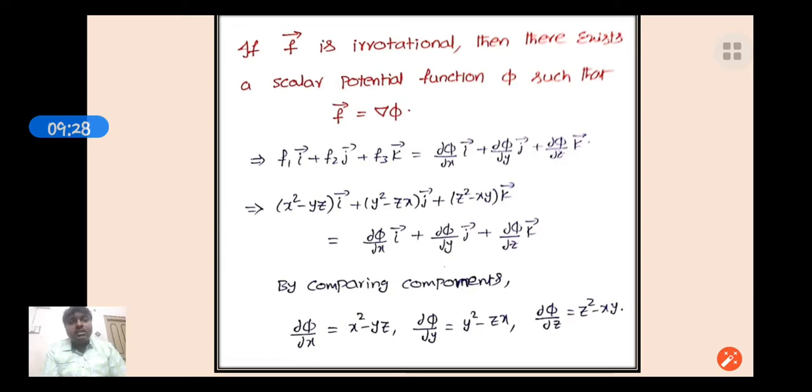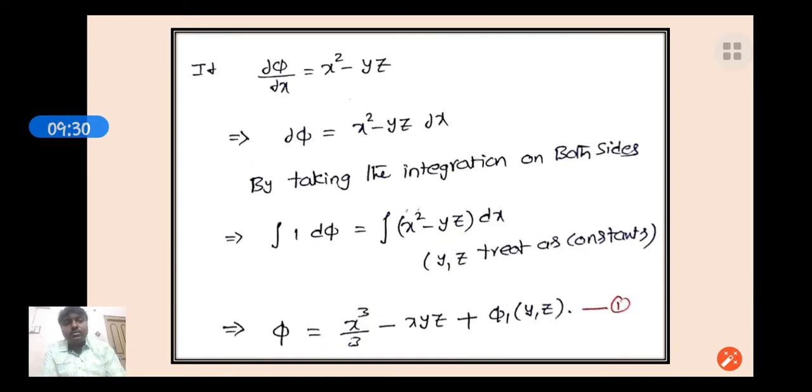By taking the first equation, ∂phi/∂x is equal to x² − yz. This is the first equation. Now, taking the cross multiplication, ∂phi is equal to (x² − yz) ∂x. Now, it looks like a differential equation in terms of phi and x.